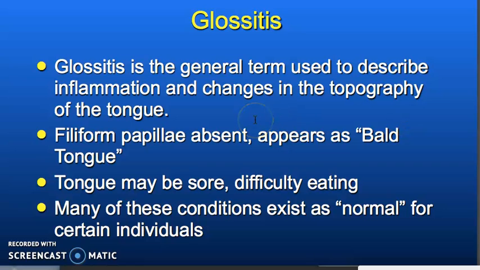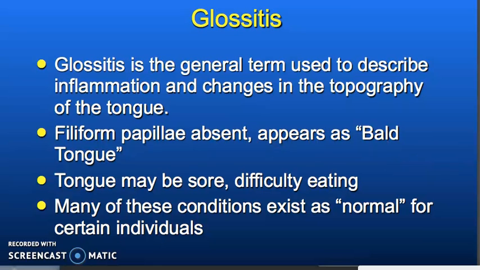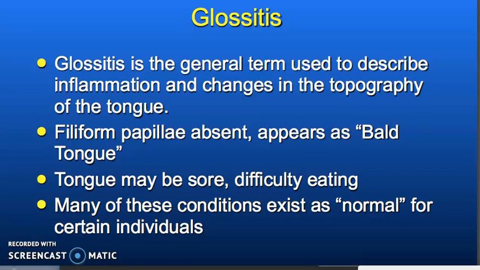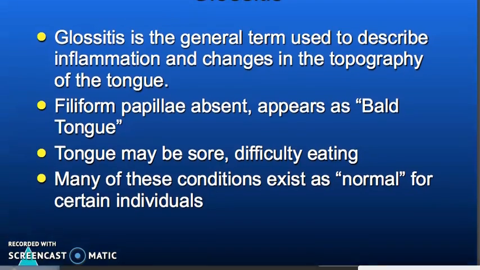So glossitis is the general term used to describe inflammation and changes in the topography of the tongue. Filiform, we talked about that. If it's absent of the filiform, we call it a bald tongue. The tongue may be sore, have difficulty eating. Many of these conditions exist as normal for certain individuals.